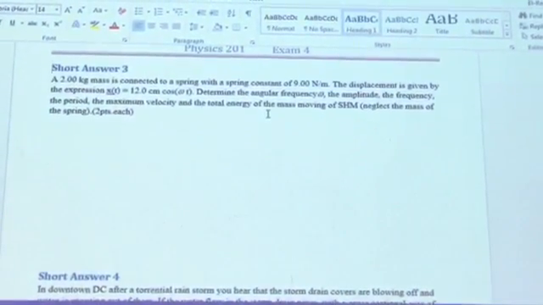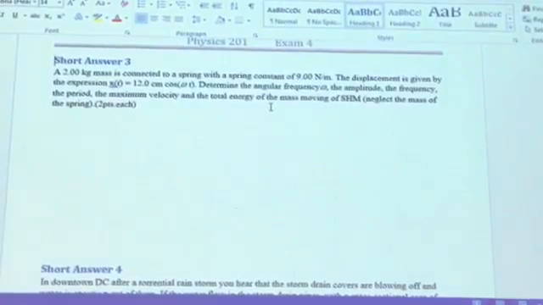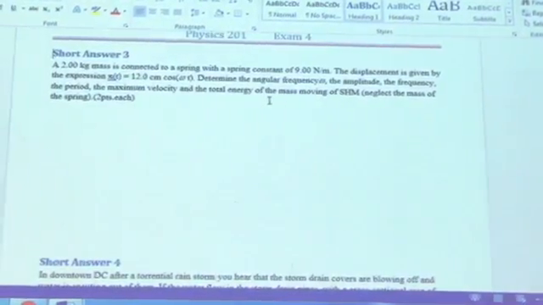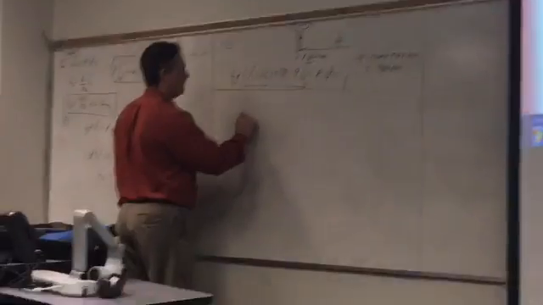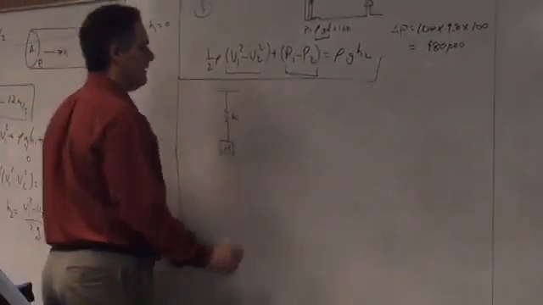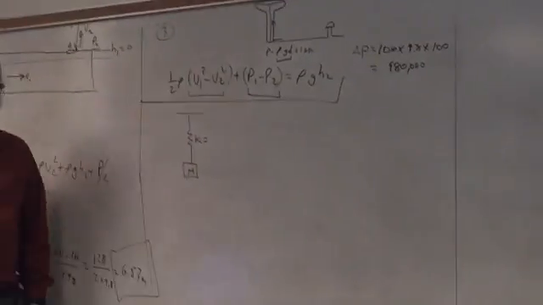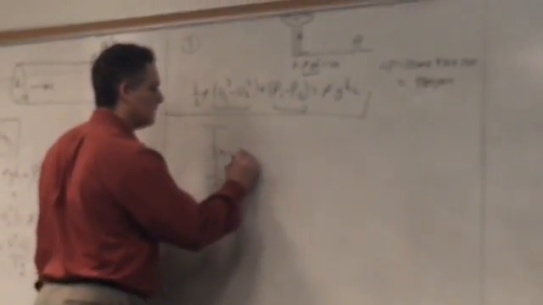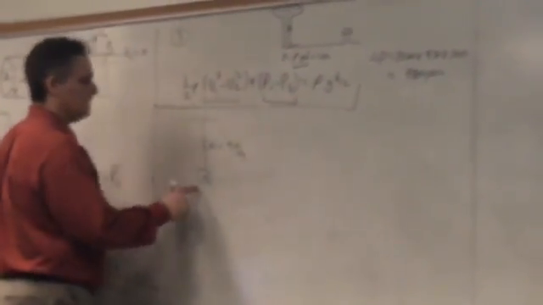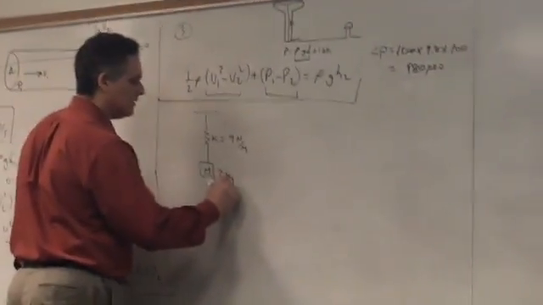Okay, so we have a spring mass system. This is k, the spring constant, 9 newtons per meter. The mass is 2 kilograms.